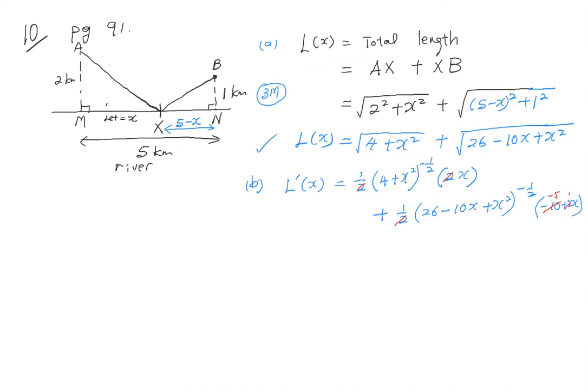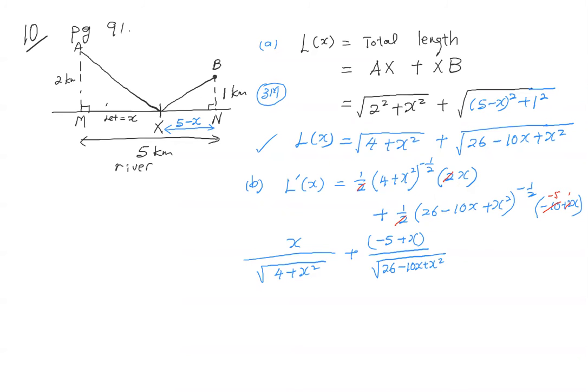Okay, so you write this in this form: x over square root of 4 plus x squared, plus negative 5 plus x over square root of 26 minus 10x plus x squared.